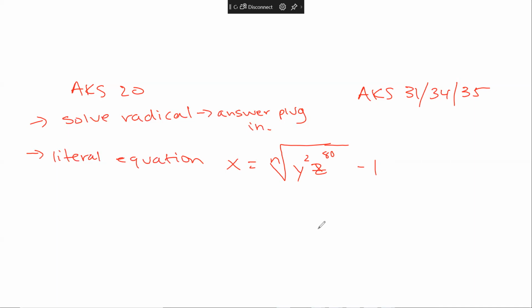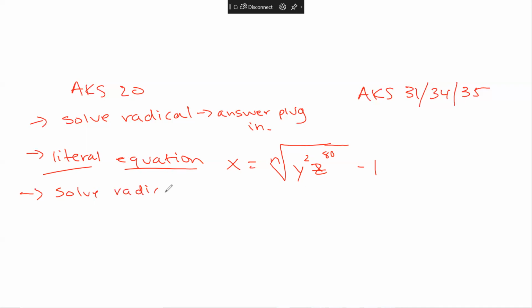Your goal would be to get rid of everything and get y by itself. Obviously, this is not the same problem that you're getting, but it would be to isolate that. If you struggle with moving things around when solving equations, maybe look up literal equations on Khan Academy tonight. That might help.